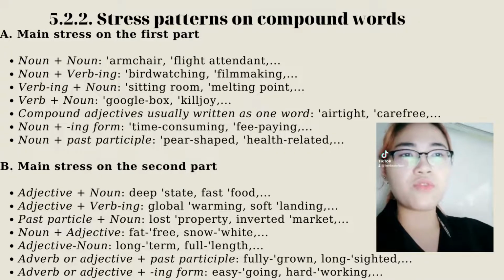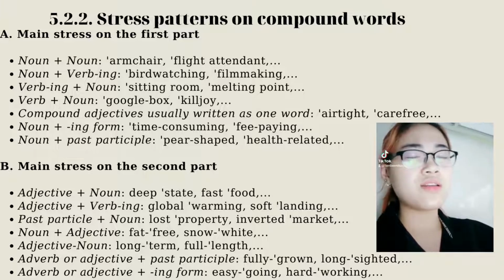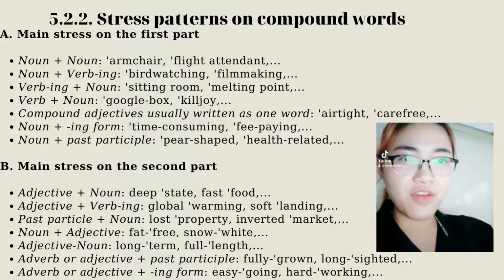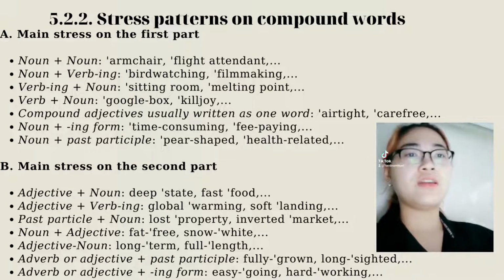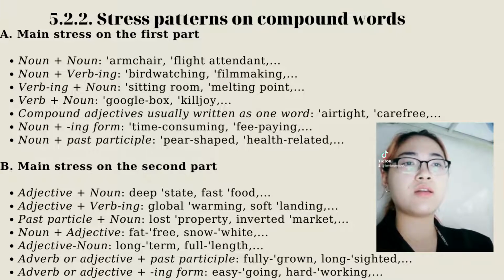For compound nouns, the first part is heavily stressed if their structure is as follows: noun and noun, like armchair; noun and verb-ing, like bird walking, bird watching; verb-ing and noun, like sitting room; verb and noun, like pigs poker.